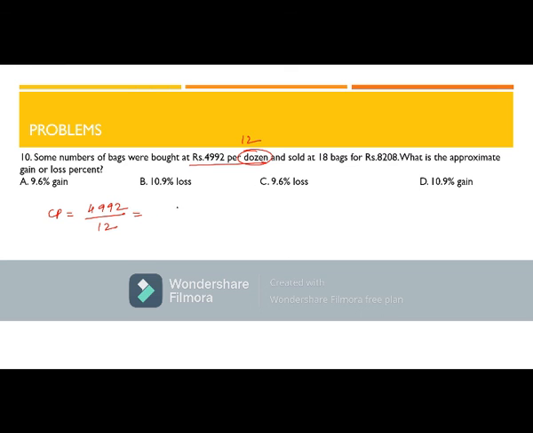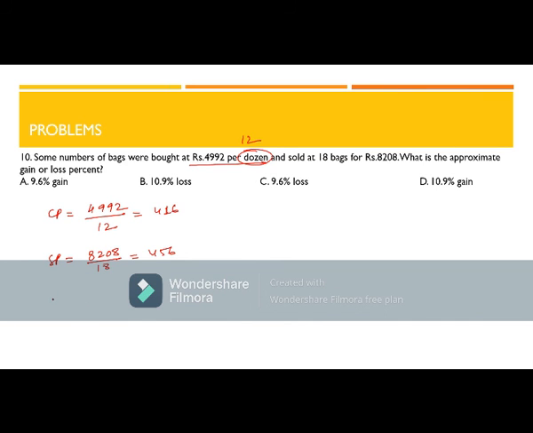So we get it as 416 rupees. What is the selling price of 18 bags? Selling price of 18 bags is given as 8208 divided by 18, because we want the selling price of one. So that comes as 456 rupees.